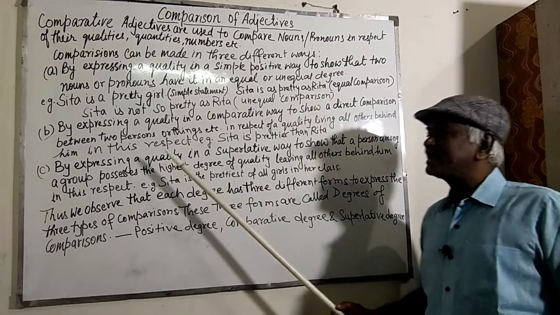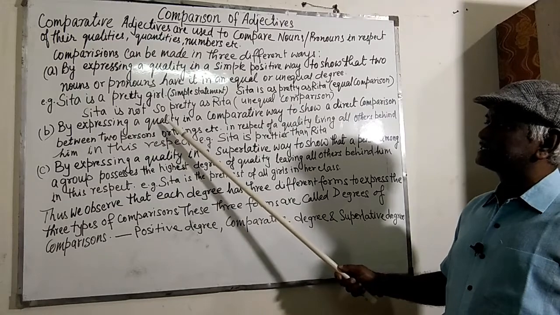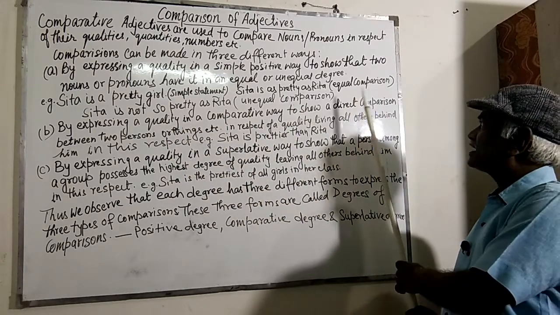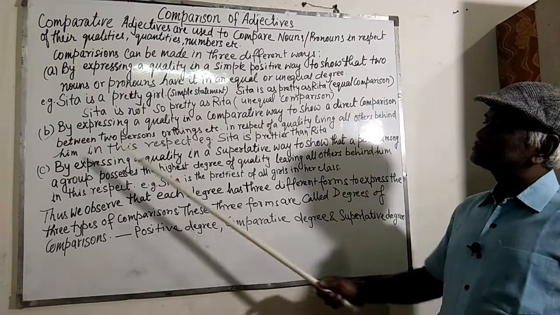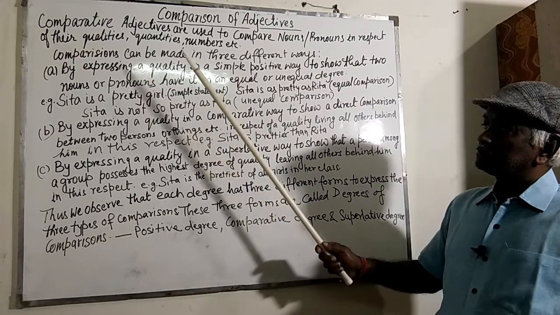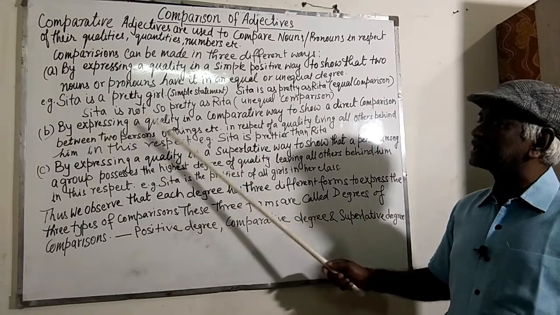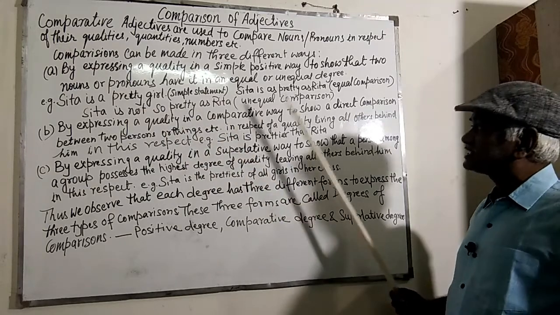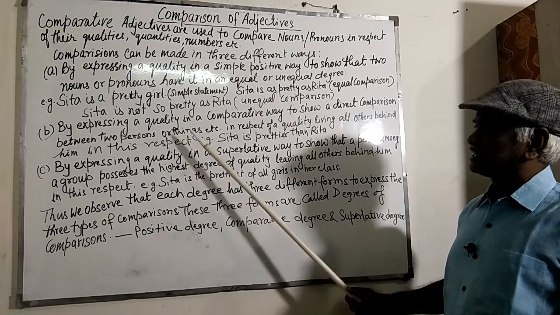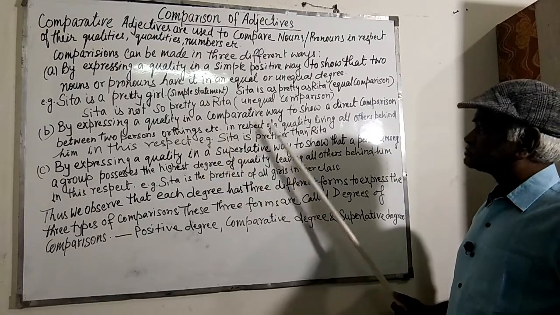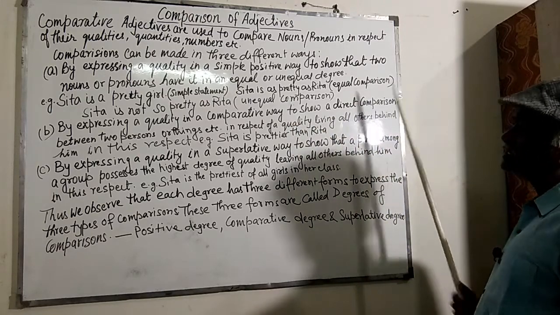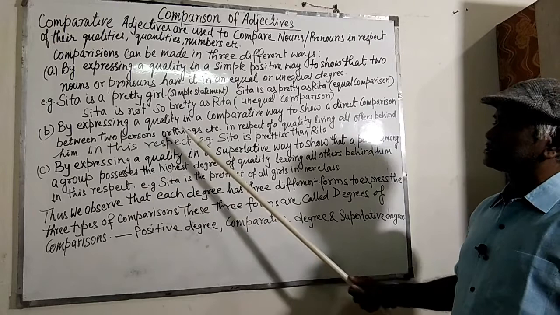The second way is by expressing a quality in a comparative way to show a direct comparison between two persons or things, in respect of a quality, leaving all others behind him in this respect.